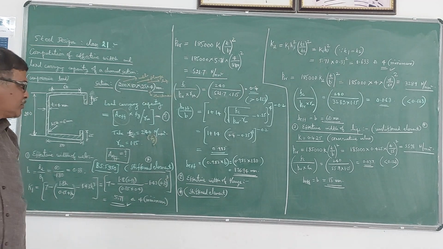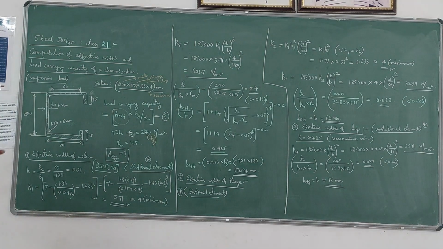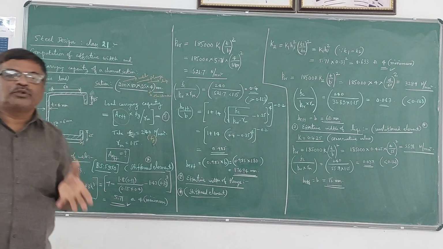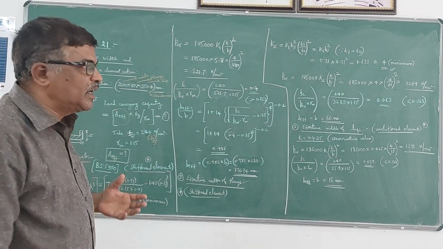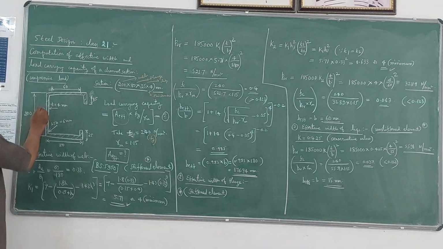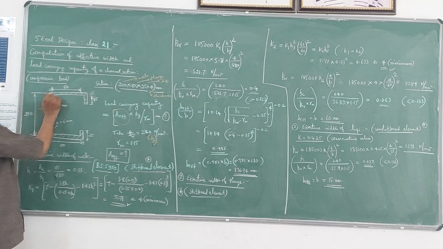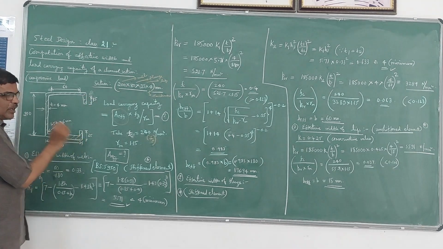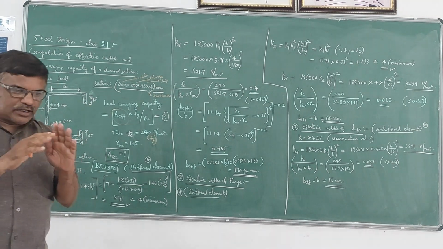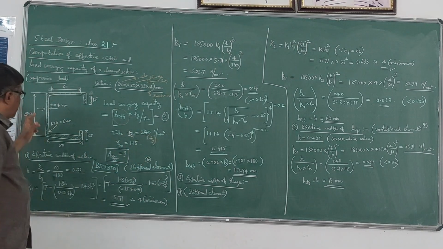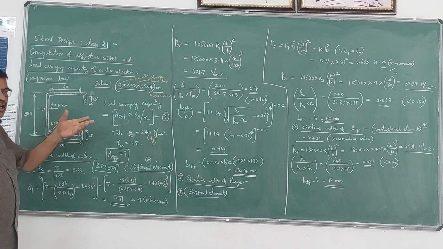Now here, to calculate the effective area, we need to compute the effective width for the different elements of this section. So here you can see that the web is one element, these two flanges are elements, and this lip portion is also an element. So we can divide this entire section into three elements: web element, flange element, and lip element.